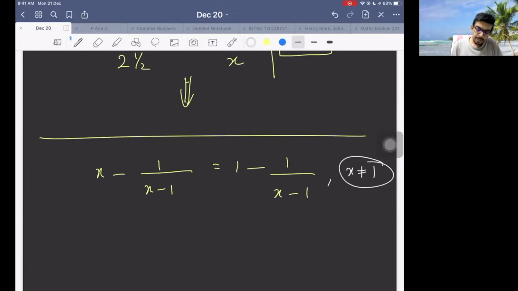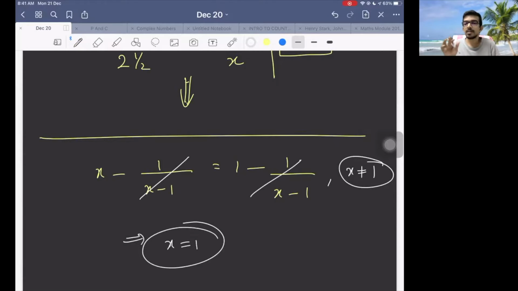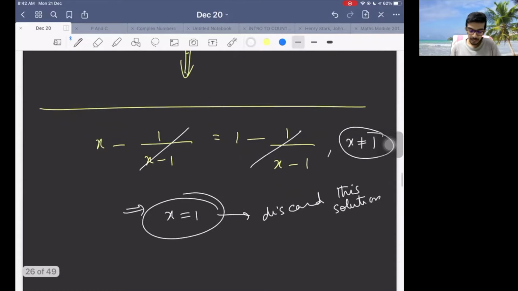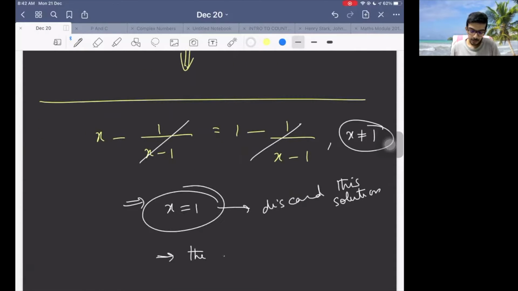Now you can cancel off this term. Now we are left with x is equal to 1. But since x cannot be 1, you have to discard the solution. And you will say that the equation has no solution.